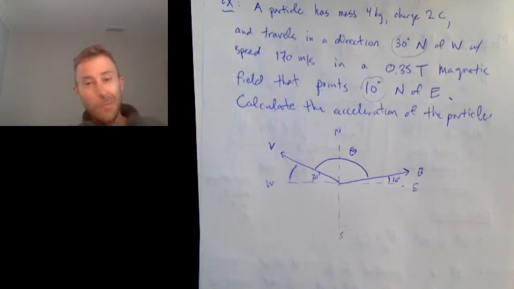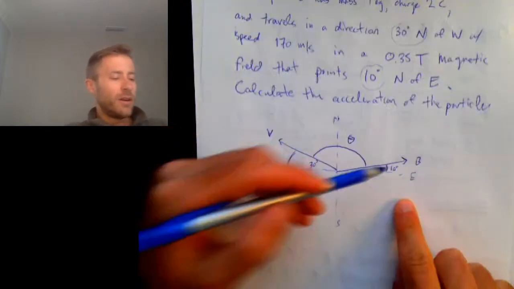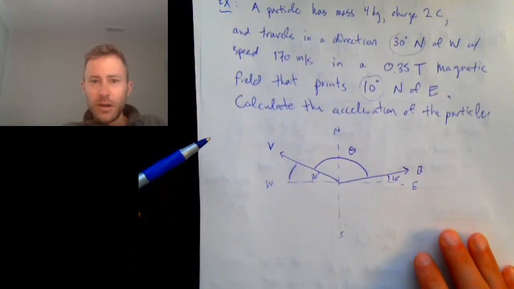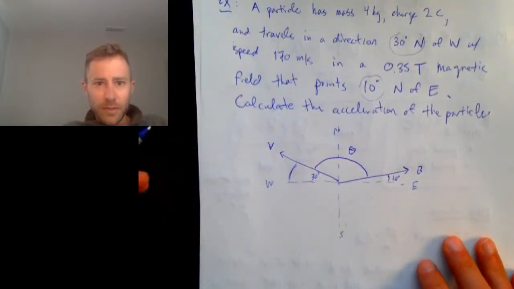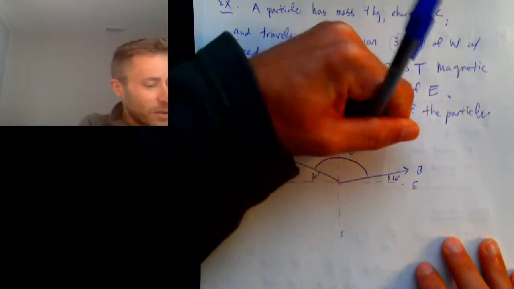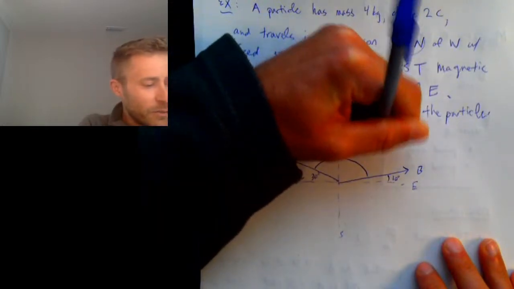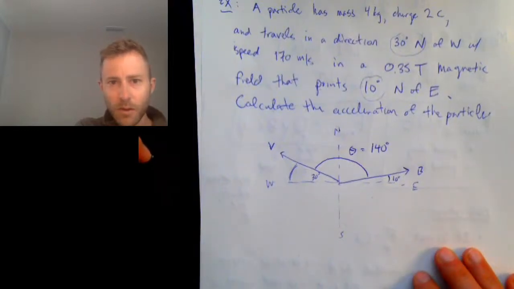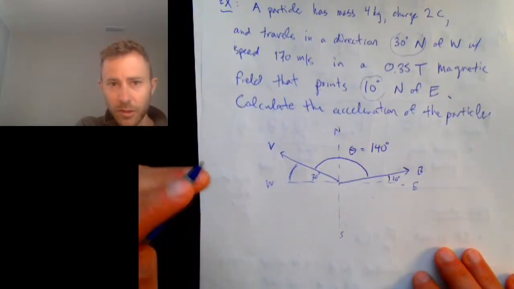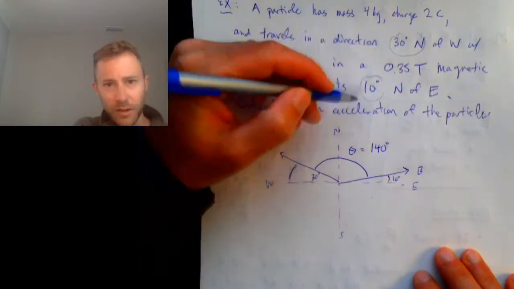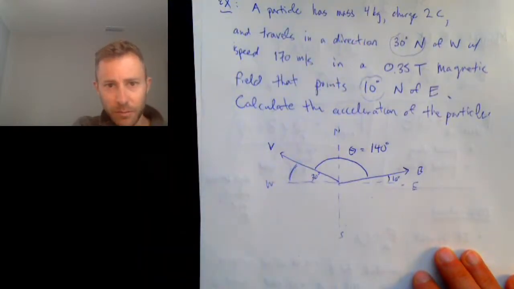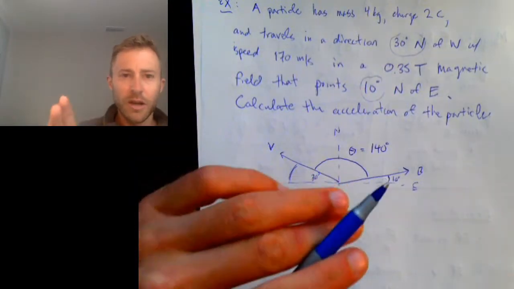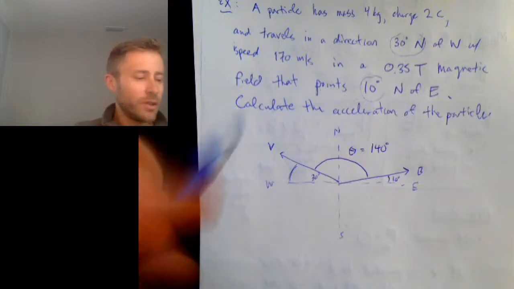All right? And we can see that all three of these angles have to add up to 180 degrees. So that means that this angle right here must be 140 degrees. All right, so that is the angle that we're going to use. So notice how it's not either of the angles that were given here. It's related to those angles, but it's not.